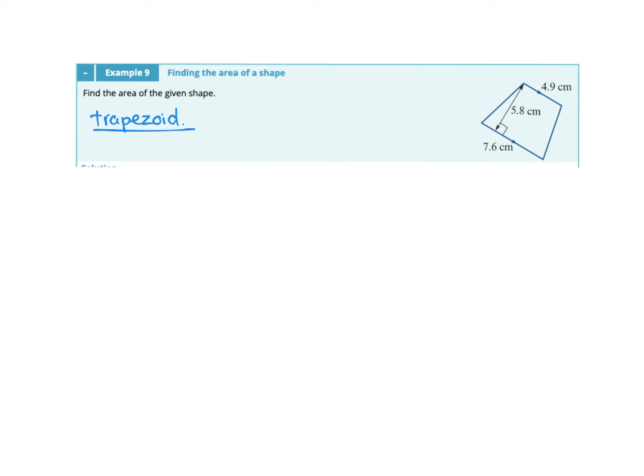The area formula on your formula sheet for a trapezoid says area equals a half, B1 plus B2, times the H. Let me show you what that means. They're calling those B1 and B2 the baselines. So I might call this one up here B1 and this one down here B2.